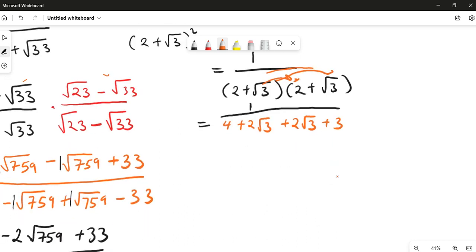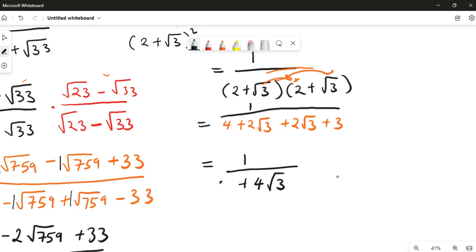All right, so now our expression becomes 1 over 4 plus 2 square root of 3 plus 2 square root of 3, which gives us 4 square root of 3. Then 4 plus 3 gives us 7.